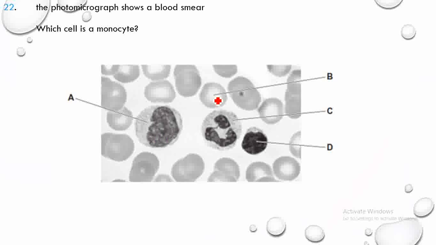B is a red blood cell: small and of course biconcave, disc shaped. C is a neutrophil with a lobed nucleus. D is a lymphocyte, with a large, compact nucleus occupying more than 2/3 of the cytoplasm. So A is the monocyte.